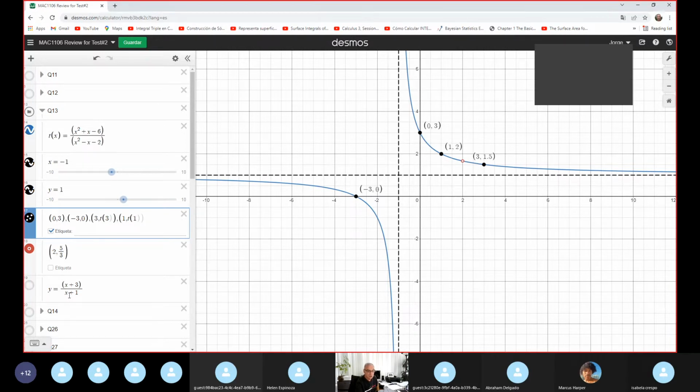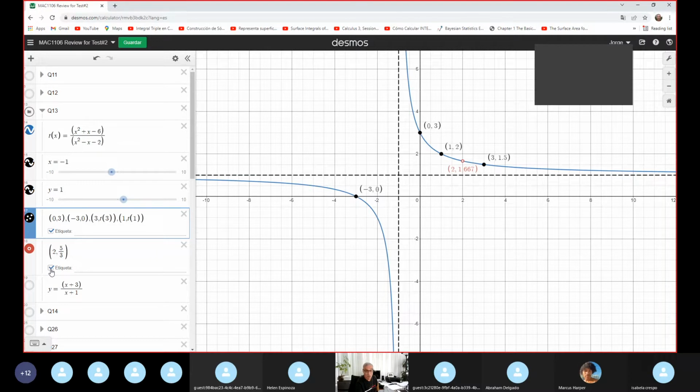And you evaluate at 2: 2 plus 3 gets 5, divided by 2 plus 1 gets 3. 5 over 3, which is that point, 2 comma something. But actually, in the original function it is 2 comma undefined.